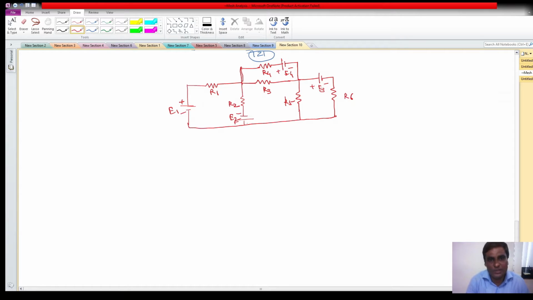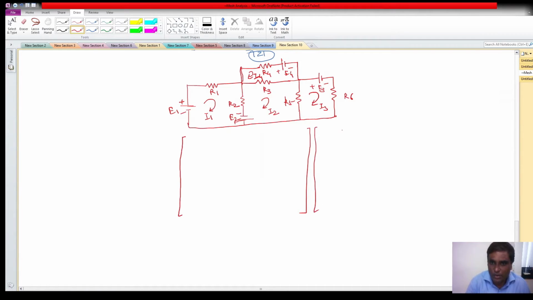So first, it is planar, obviously, so we can apply mesh analysis. Now let us draw the anti-clockwise mesh currents. Suppose this is I1, this is mesh 2 I2, this is mesh 3 I3, and this is one more mesh I4. Now let us directly write the equation. Observe that there are 4 meshes, so there will be 4 mesh currents.